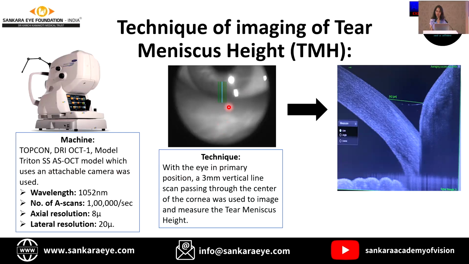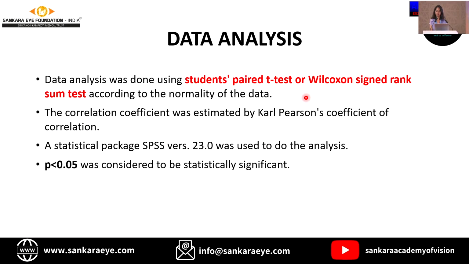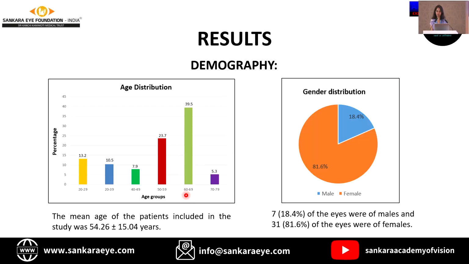With the eye in primary position, a vertical line scan was taken passing through the center of the cornea to measure the tear meniscus height, and the image obtained was measured using a scale. The data analysis was done using a student's paired t-test and Wilcoxon signed rank sum test, and a p-value of less than 0.05 was considered statistically significant.